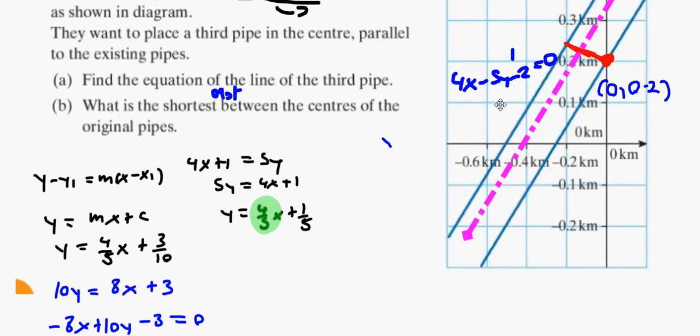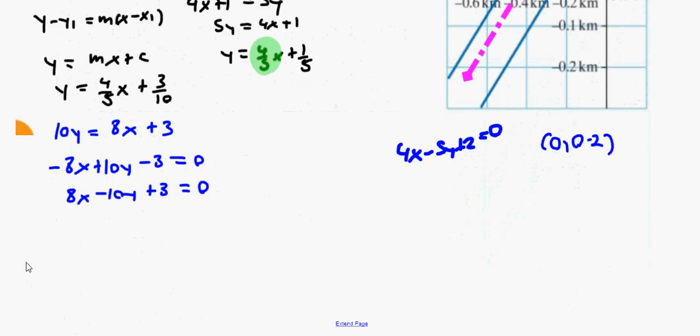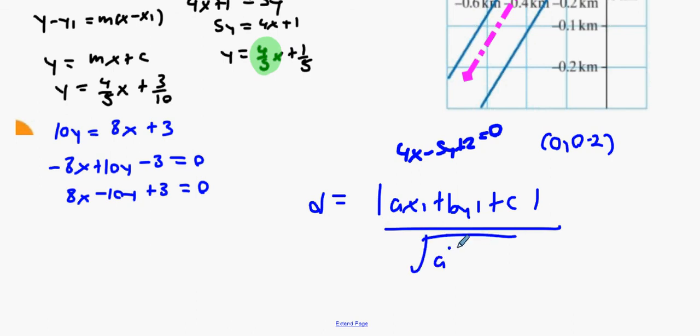Just going to drag it down with me. And down. Alright, use the D formula. So, D equals |Ax1 + By1 + C| all over the square root of A squared plus B squared.